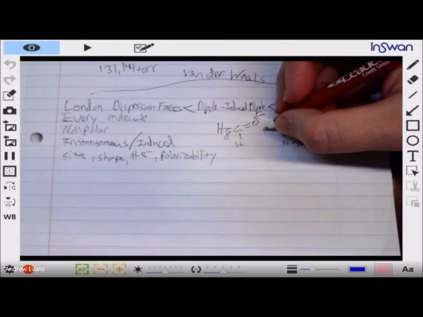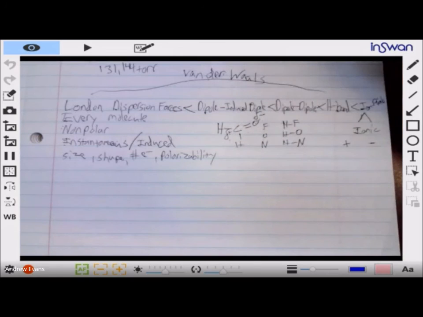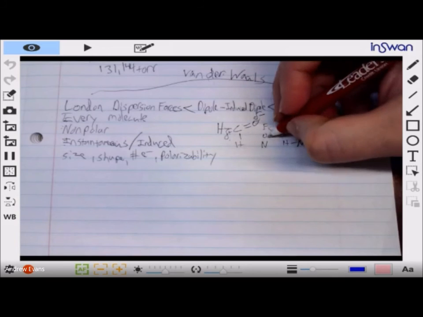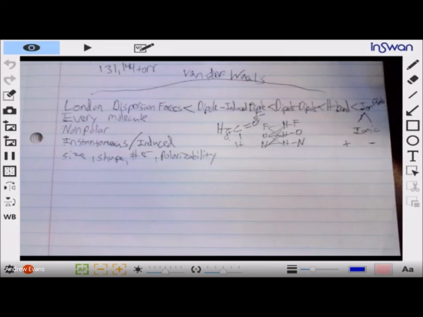Now, hydrogen bonds, which are the next thing closest to ionic, is when we have an HF, an HO, or an HN, and there's another N, O, or F. So this guy does not have a hydrogen bond. But formaldehyde could hydrogen bond to water because water does have an OH bond.